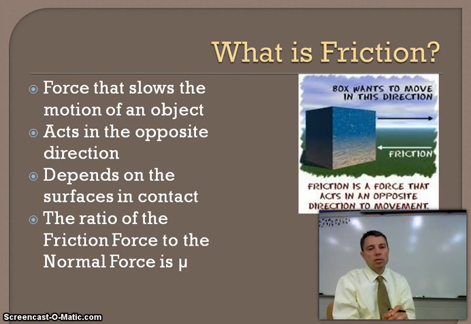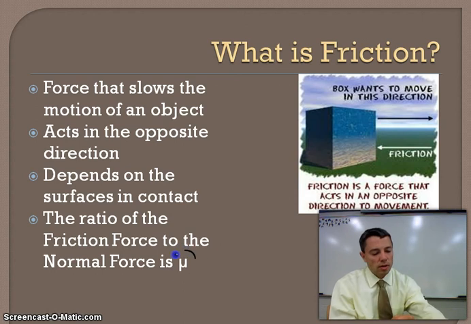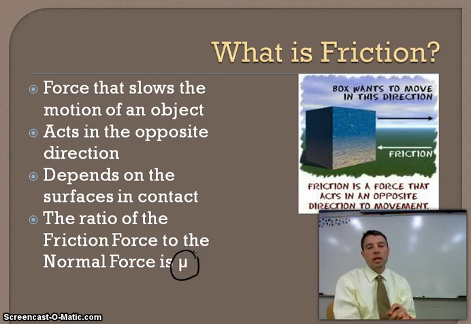And whenever we do this, we get a proportionality constant, and that constant is actually referred to as the coefficient of friction. And so that's what this guy is here, this little Greek letter. It stands for mu, it's a Greek symbol, and it stands for the coefficient of friction. And that coefficient of friction is defined as the frictional force divided by the force normal, okay? And so that's the way that we kind of get it.